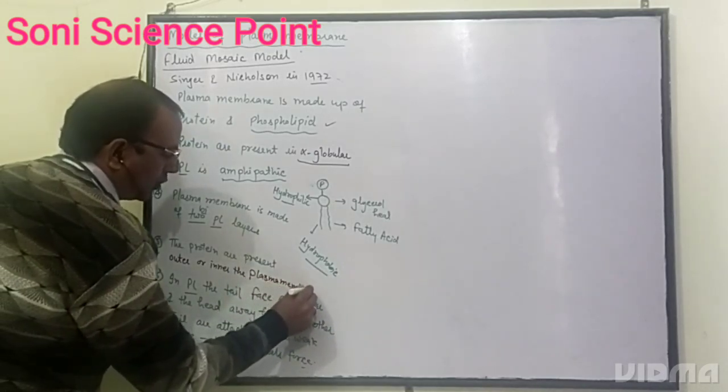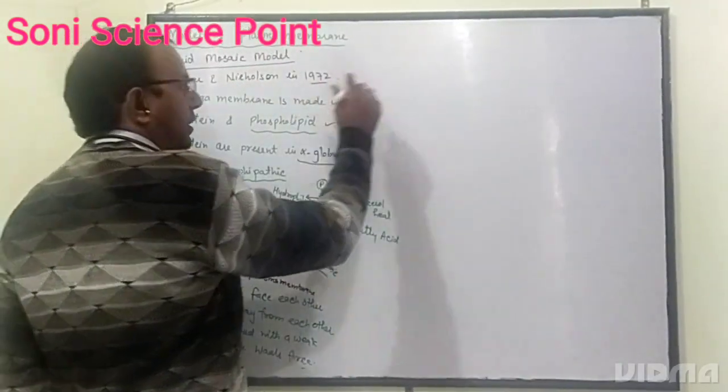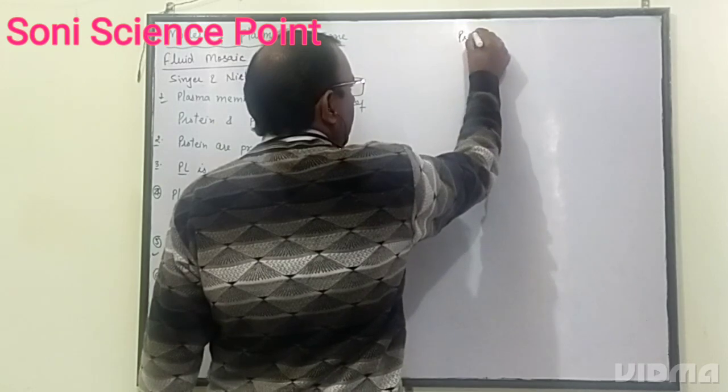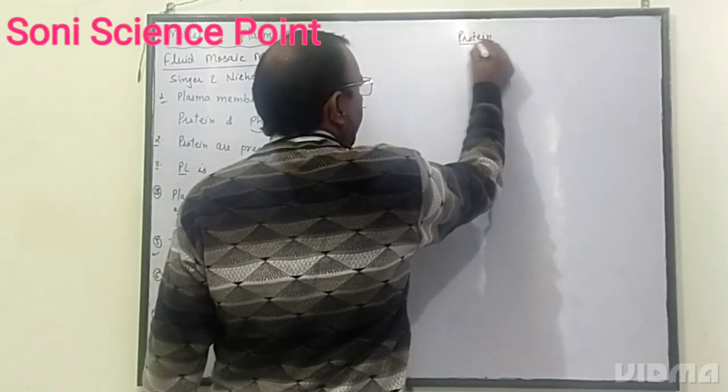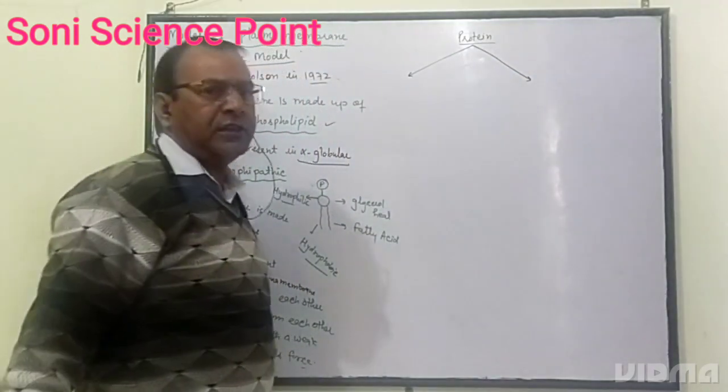So protein is of two types. According to Singer and Nicholson, protein in the plasma membrane is of two types: extrinsic protein and intrinsic protein.